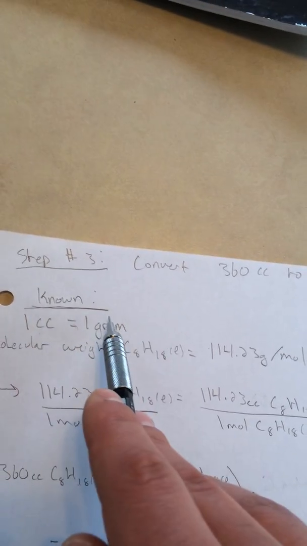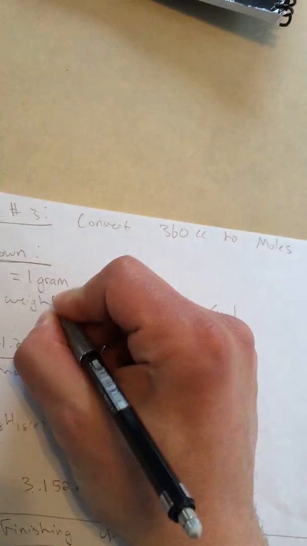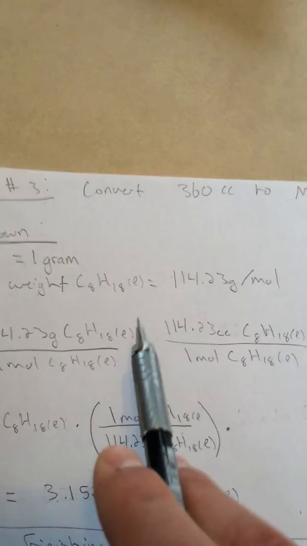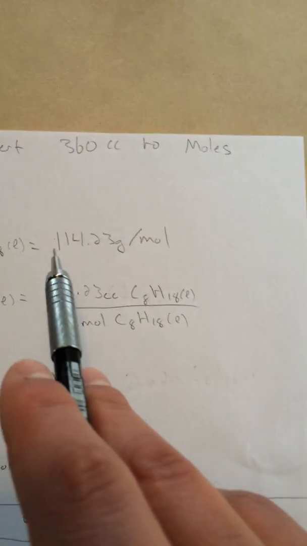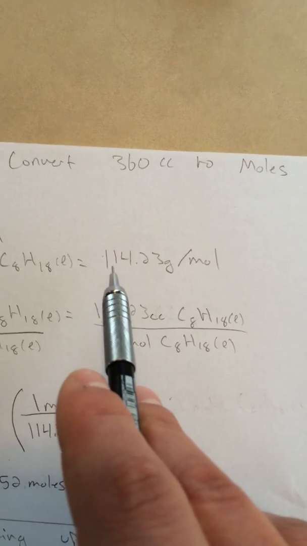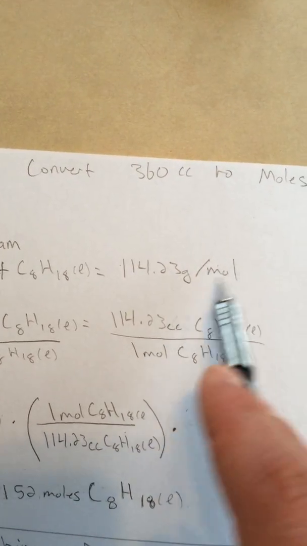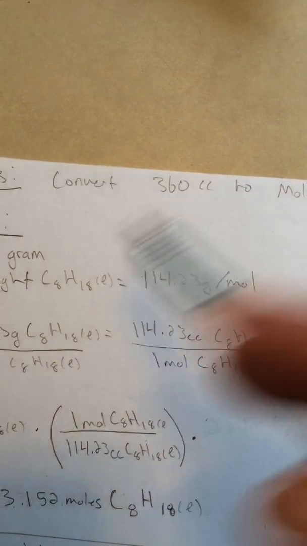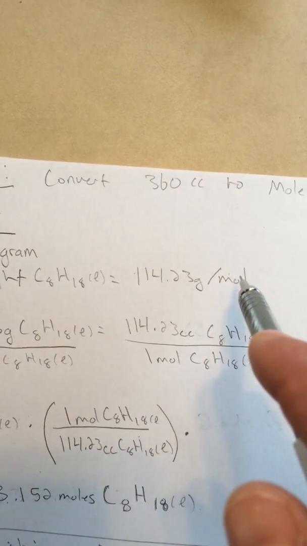So using that and the molecular weight of octane, we can go ahead and make that conversion. So the molecular weight of octane is 114.23 grams per mole, and there's that per mole again. So 1 mole of octane is going to weigh 114.23 grams.